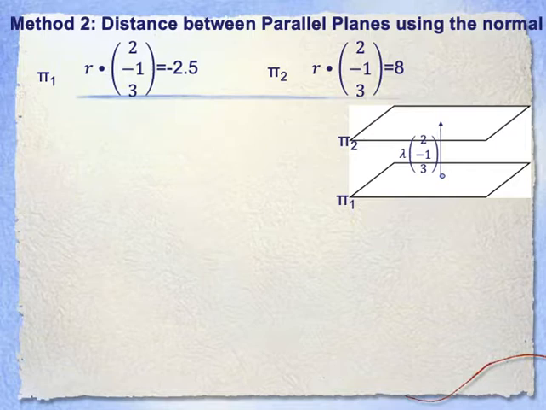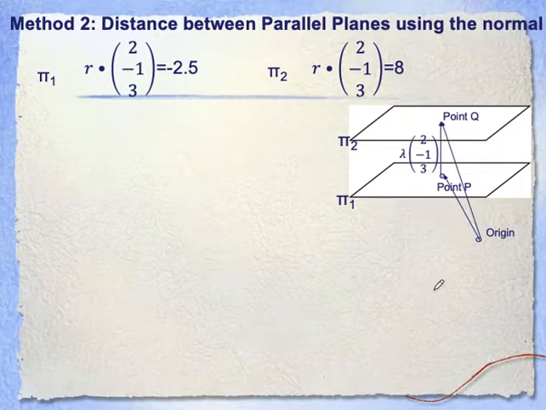So let's call the point on plane 1 point P. And if we work out that obviously point P has to come from the origin, we can also then say that on the second plane, we've got point Q. And so now we can start defining our OP, our OQ, and our PQ, and start working out what this scalar multiple must be to work out the distance, okay?